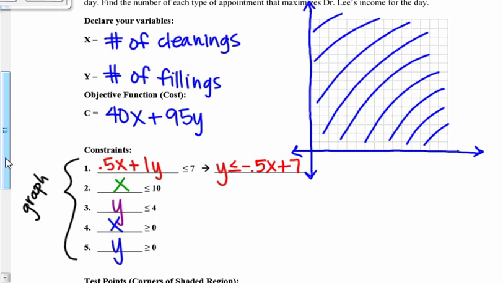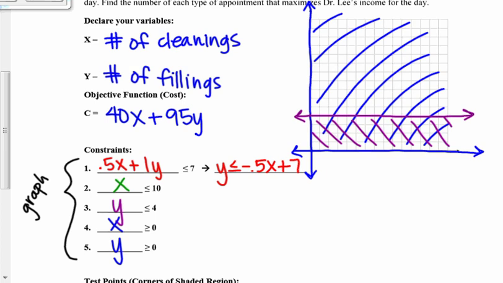Perfect. Let's go ahead and do number 3. Y is less than or equal to 4. If I look at that as y equals 4, the graph y equals 4 is right here. Y is less than or equal to 4, which means I'm shading everything below.